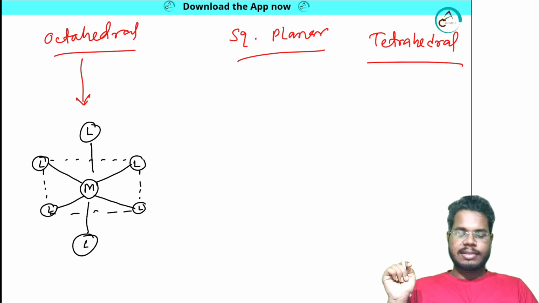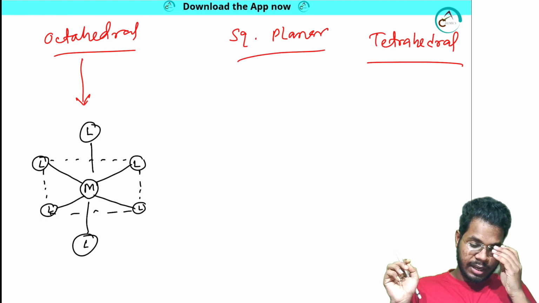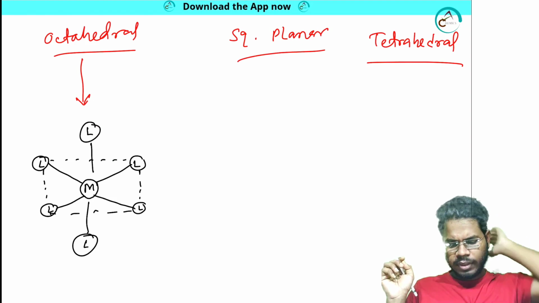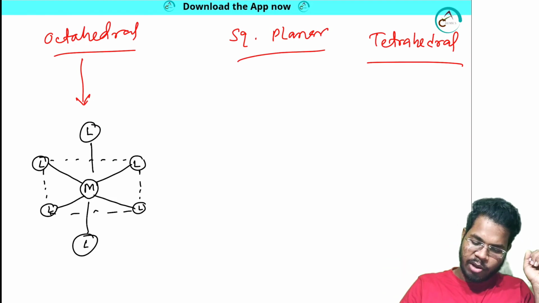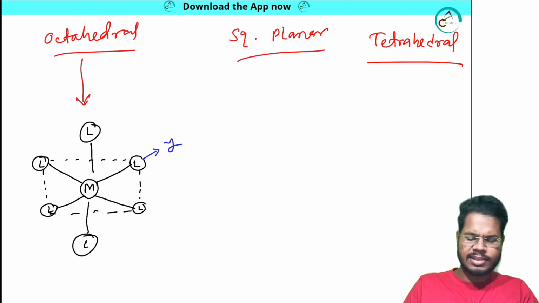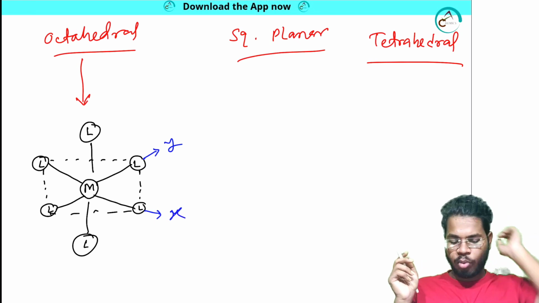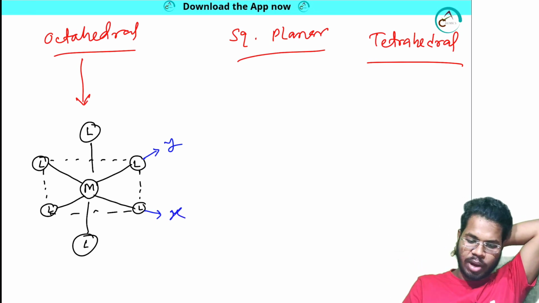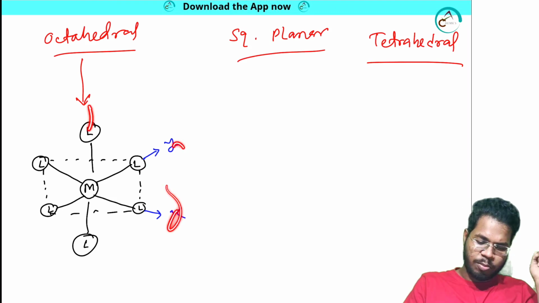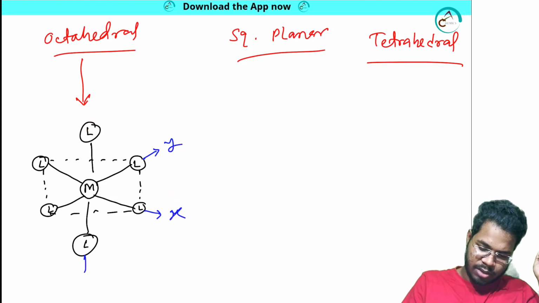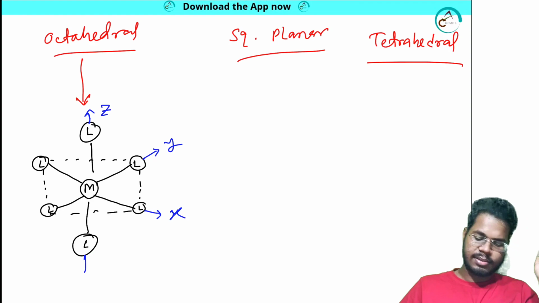Different ligands are present over here. Consider this axis as the y-axis. For simplicity, I am considering this as the x-axis, this as the y-axis, and that will of course be the z-axis.